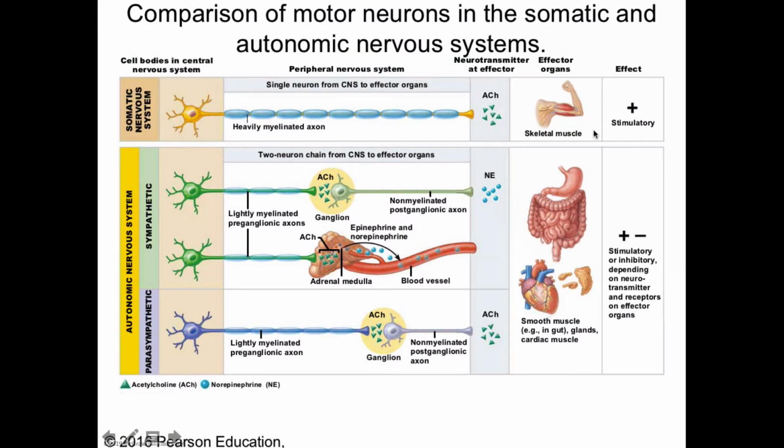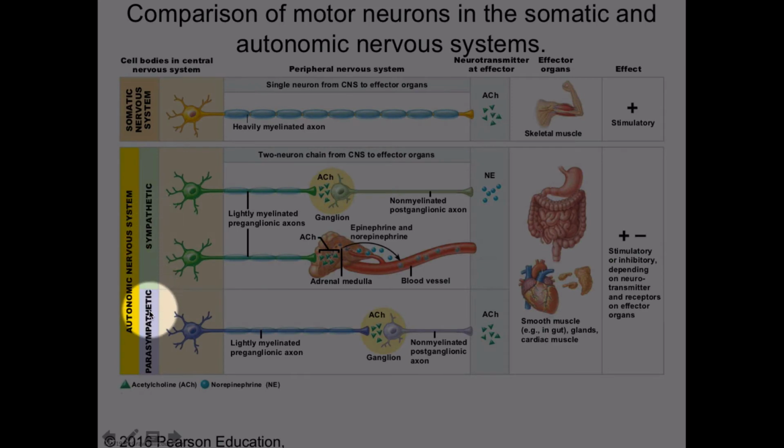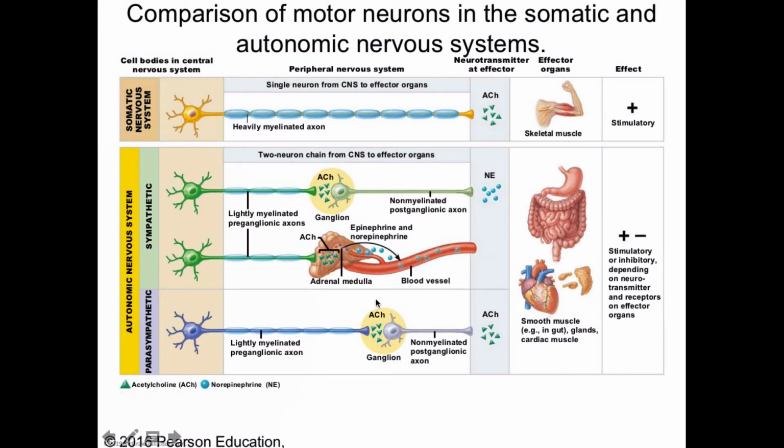But in the sympathetic as well as parasympathetic nervous system, the effect is not the same. It will be either stimulatory or inhibitory, depending on the neurotransmitter secreted and the receptor on the effector organ. Class, that is majorly important to know.